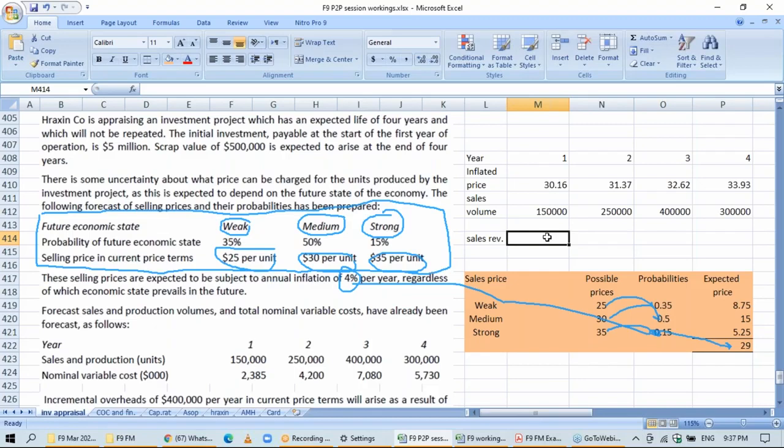Okay, so sales revenue over here will now be on the basis of average price. I'm taking the sales revenue in thousands for the remaining workings.